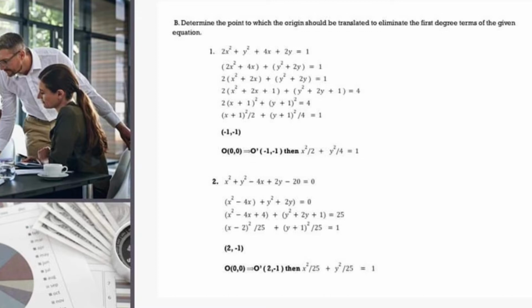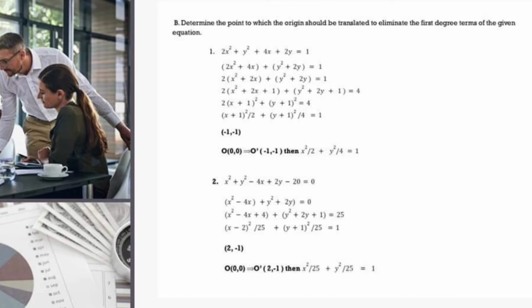So, ginawa lang natin siyang long term, and then ibabalik natin siya sa short term. After that, na short term yun, we need to divide it by 4, so we have 2 quantity x plus 1 squared divided by 4, and then plus quantity y plus 1 squared over 4 is equal to 1.